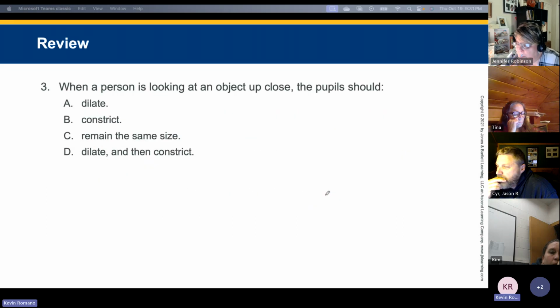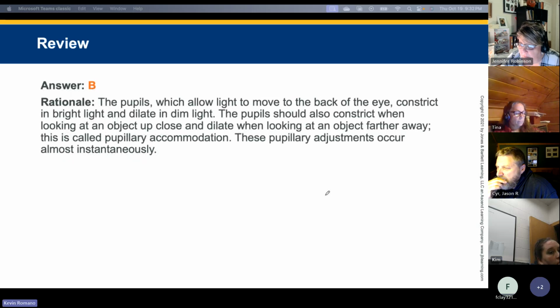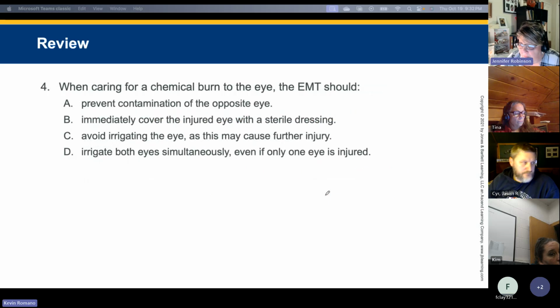When a person is looking at an object up close, the pupil should do what? B. Yeah, B it is. Number 4, when caring for a chemical burn to the eye, the EMT should do what?